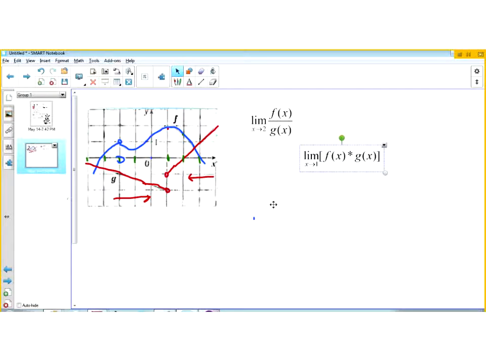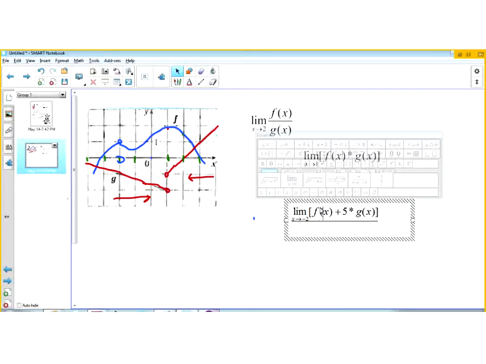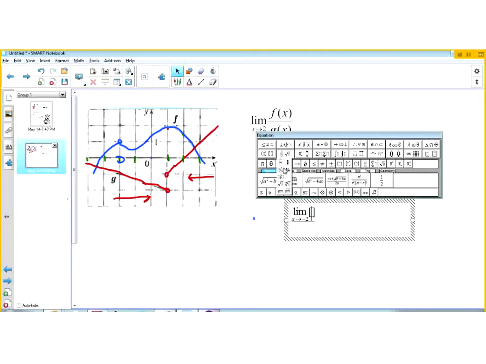So let's see here. How about I do this? The limit as x approaches negative 2 of, let me put in a different function here.